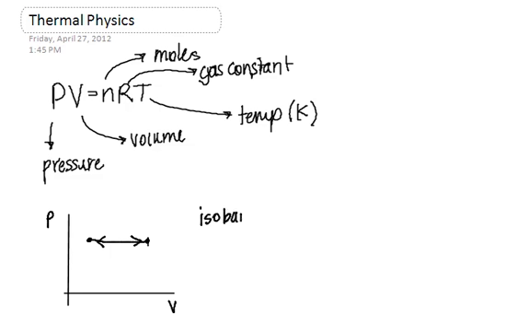Now, the work done: if work is force times distance, and volume can be related to distance because volume is length times width times height, so there's a distance in there. The short answer is the work is the pressure times the change in volume, and this is the work done by the gas.